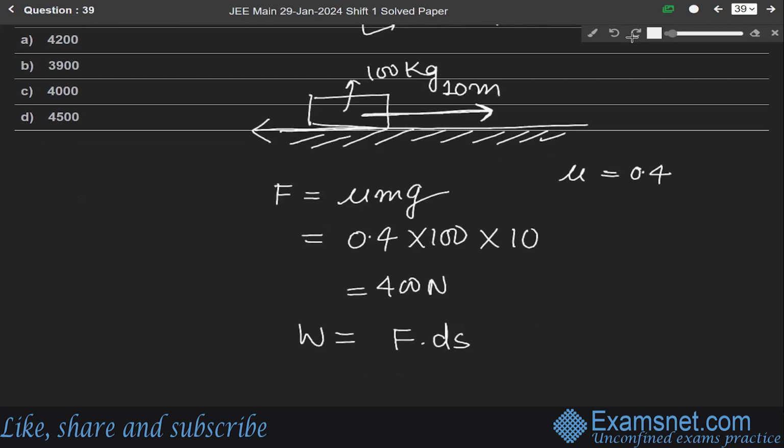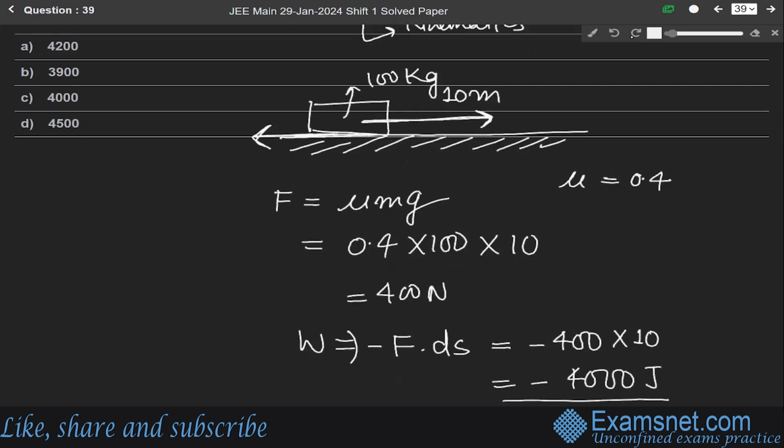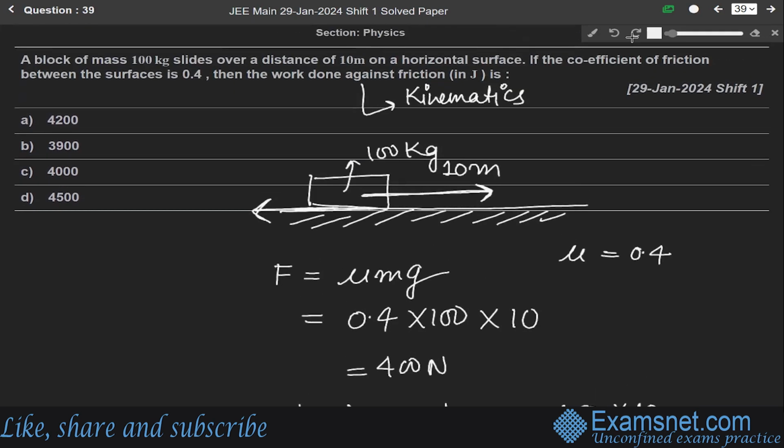But the frictional force is acting in the opposite direction, so it will be negative of F dot ds. So it will be minus 400 times the distance, 10 meters, which equals minus 4000 joule. But it is asking about the magnitude, so it will be 4000 joule, which means option C is correct.